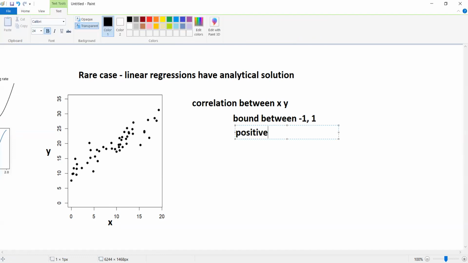Positive means increase X, increase Y; negative means increase X, decrease Y, or decrease X, increase Y. We know this, we don't need to write this, right?